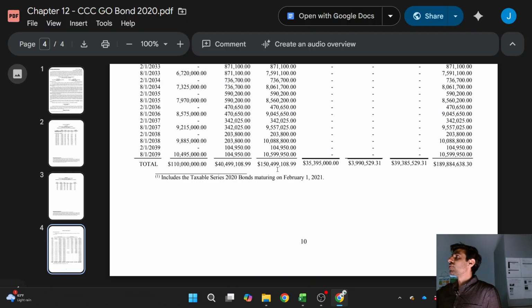Okay, because the interest rates were low. So the proceeds to the community college were maybe 170 million, and they're paying out 150 million total. So of which 110 is principal, and whatever the remainder is interest. Okay, so the extra amount is kind of lowering the interest cost.